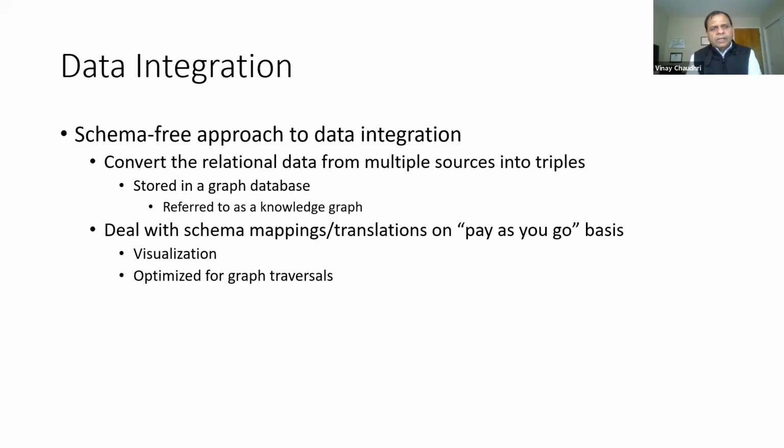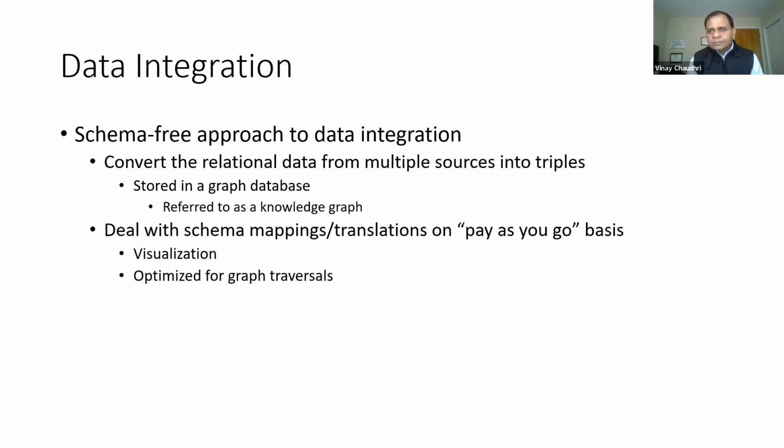But why are knowledge graphs becoming popular or interesting for data integration? One reason why they are becoming interesting is because they offer a schema-free approach to data integration. So what you do is you can take your relational data from multiple sources, you can convert it into triples, and you can store it in a graph database, and you have your first version of integration, right?